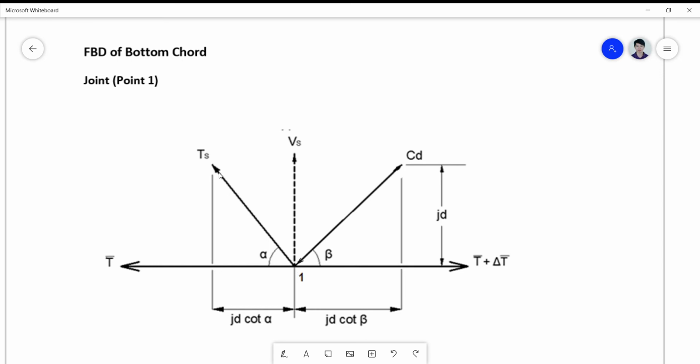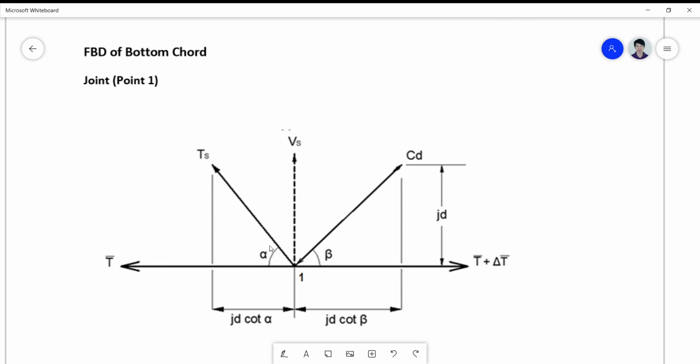So we have here a TS, a tension, we have the compression, and then we have the vertical component of TS, and we have of course the tension here, which is not equal to the tension on the other side, so there's a differential tension on the other side of the bottom chord.